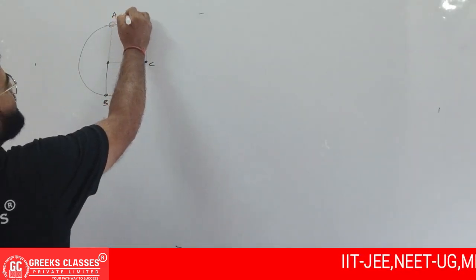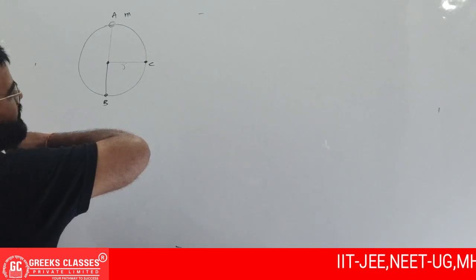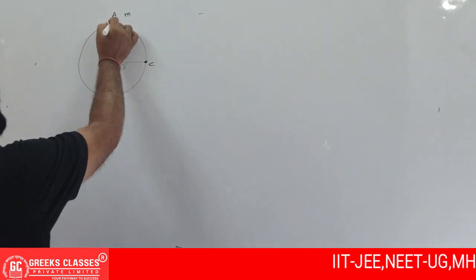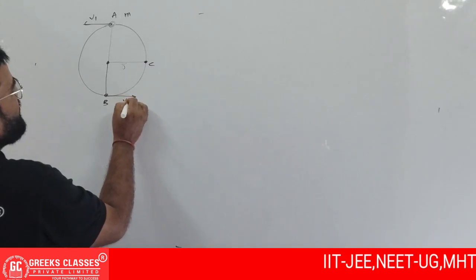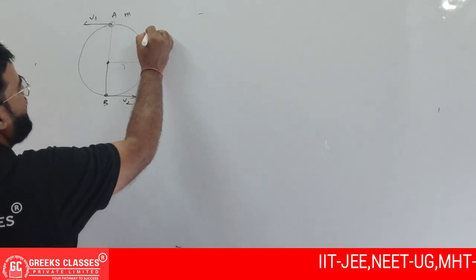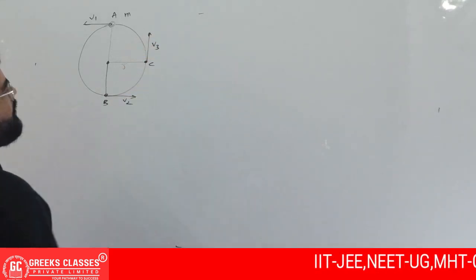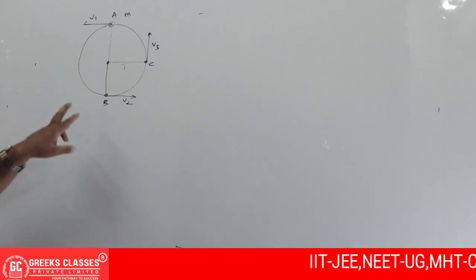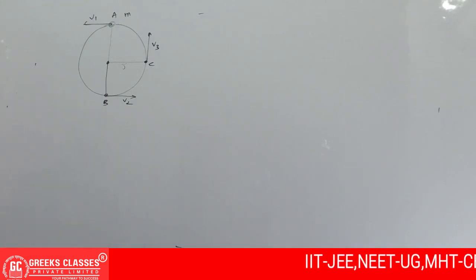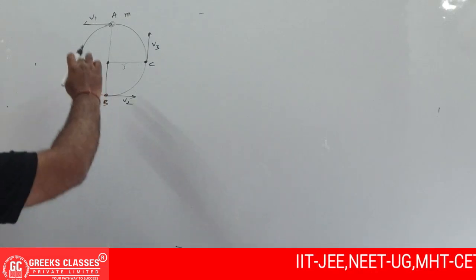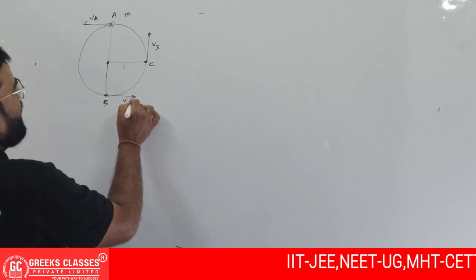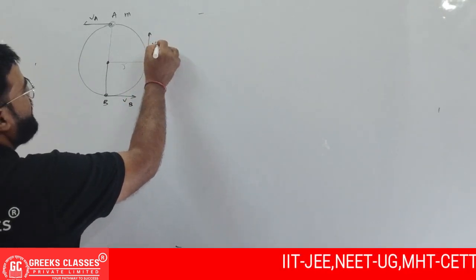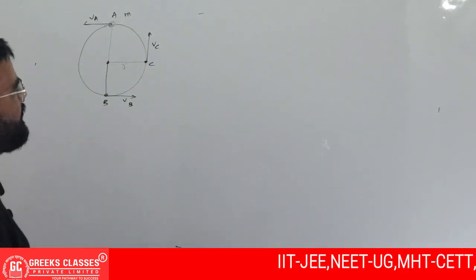Now if m is the mass of the object and V1 is the velocity at point A, V2 is the velocity at point B and V3 is the velocity at point C. You can take VA, VB and VC also. These are the velocities at the different points.